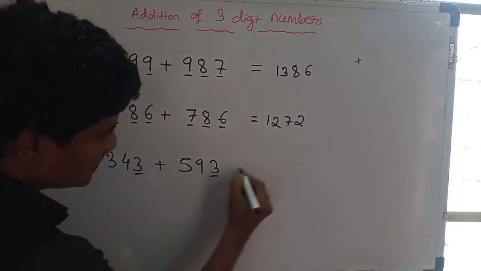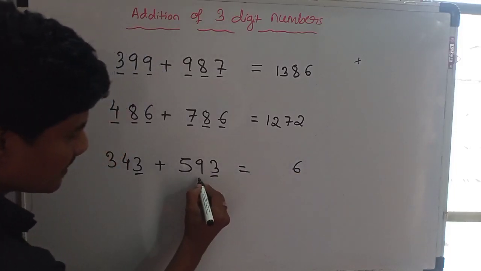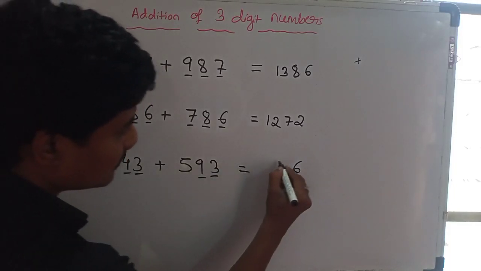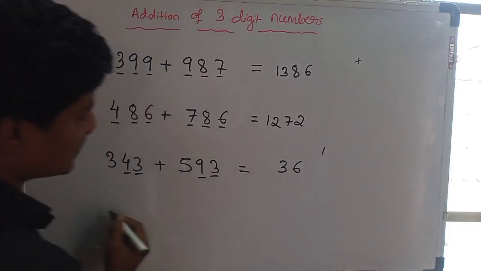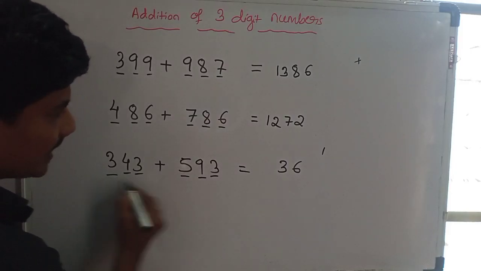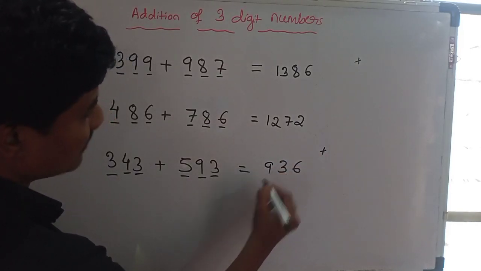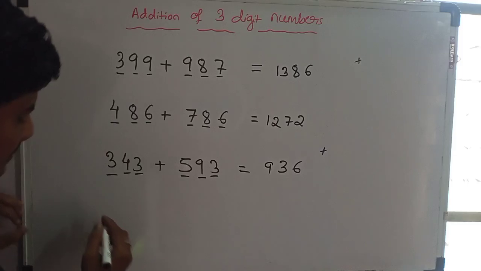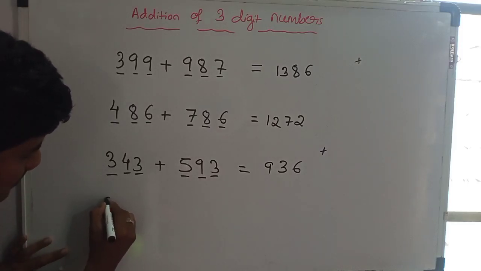3 plus 3 is 6, 9 plus 4 is 13, carry 1. 5 plus 3 is 8, 8 plus 1 is 9. 936 is the answer.